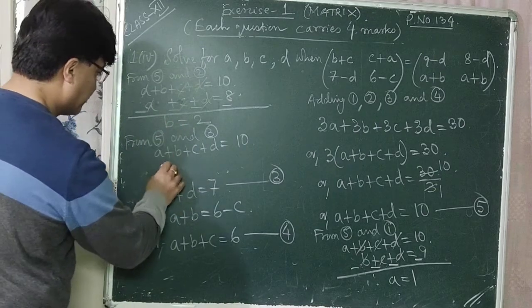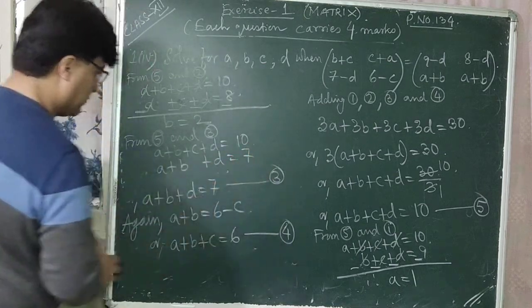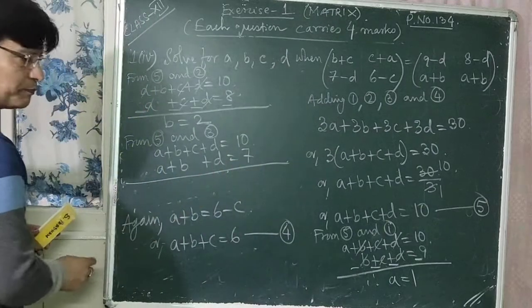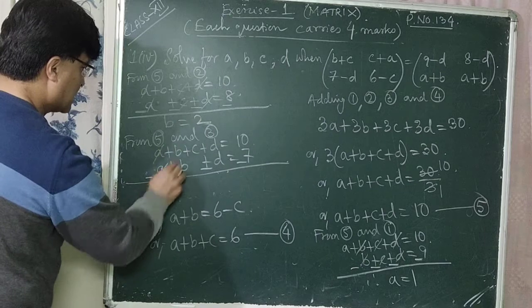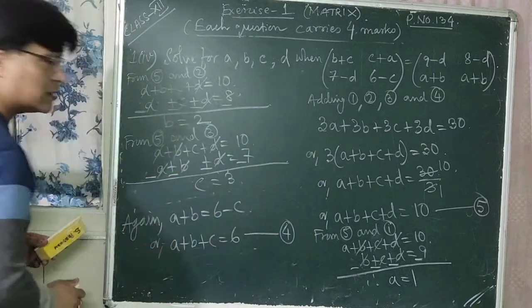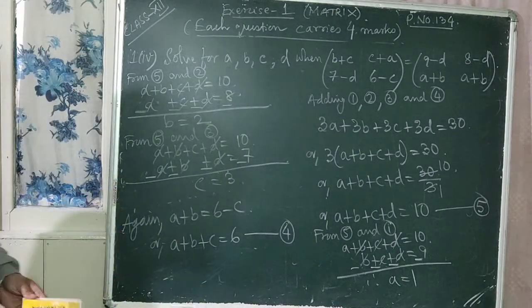What is number 3? A plus B plus D is equal to 7. So subtract them. Sign changes here. So here A gets cancelled, B gets cancelled, D gets cancelled. So C is equal to 10 minus 7 is 3. Got it? So we have got the value of C here.